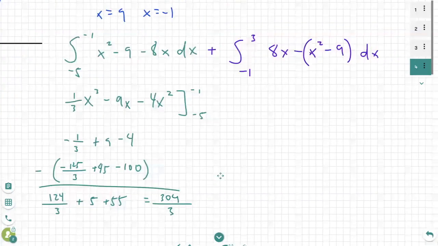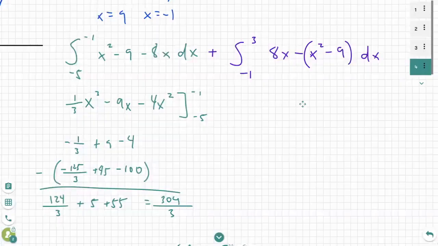Okay, and then what about the purple one? So the antiderivative is 4x squared minus x to the third over 3 plus 9x. Then you plug in the 3 and the -1.